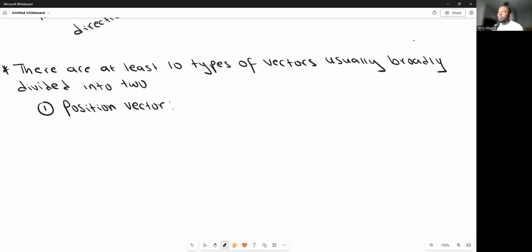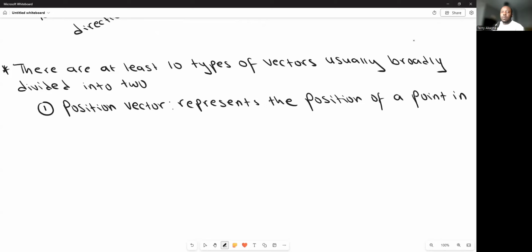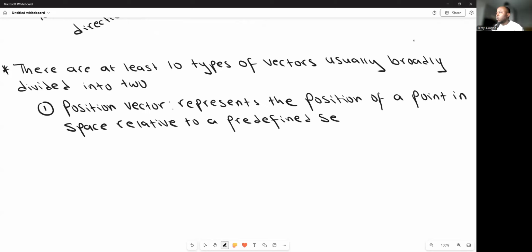All right, so I'm going to write it down. So a position vector, okay, represents the position of a point in space, relative to a predefined set of coordinates.